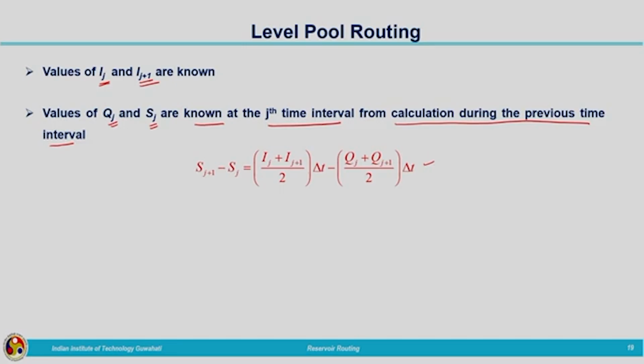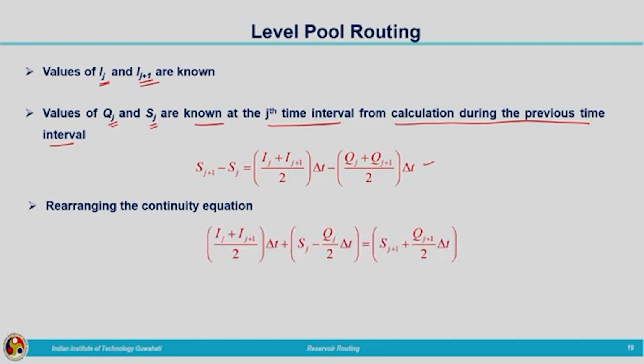We need to arrange this equation in such a way that known values are on one side of the equation and unknown values on the other side. So, we are going to rearrange this continuity equation. Ij plus 1, already known values, divided by 2 delta t plus Sj minus Qj by 2 delta t.